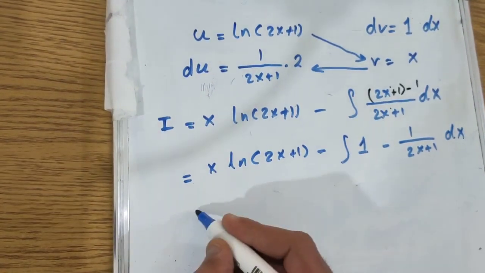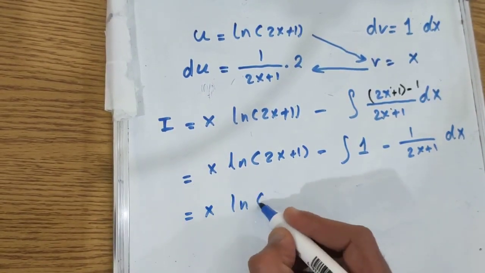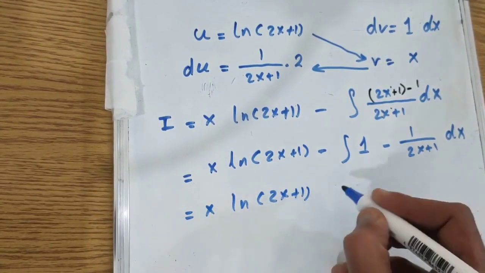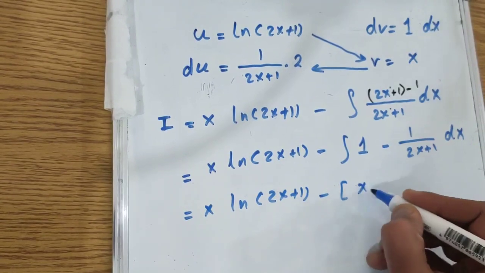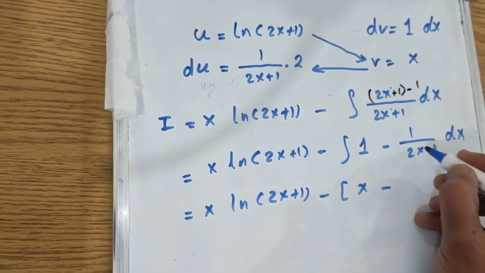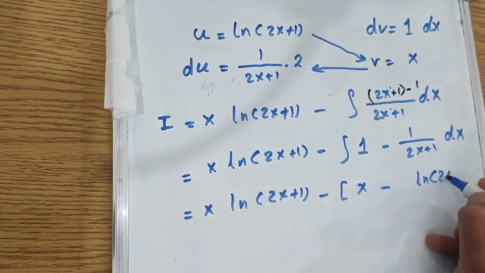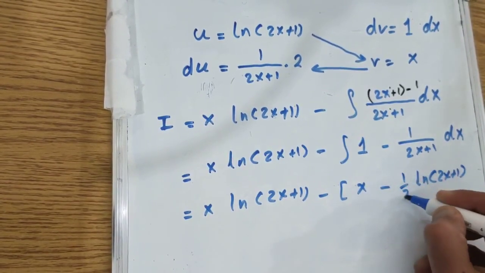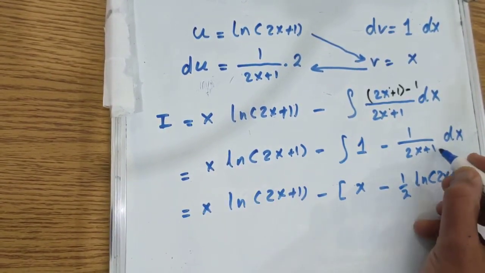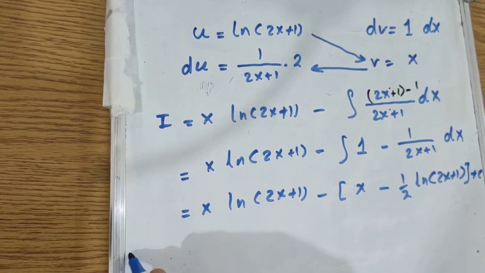And now this integration is easy to calculate. The integration of 1 will be x, and this integration is ln(2x+1) times 1 over 2, which is the derivative of 2x+1.